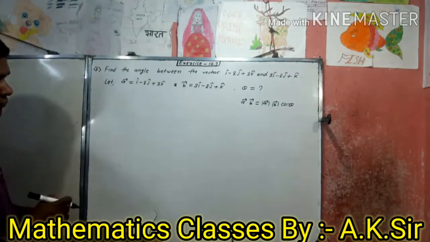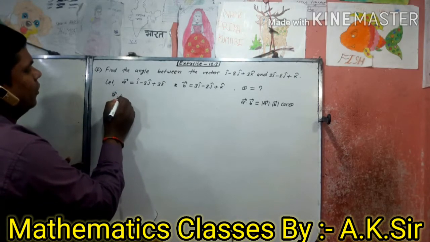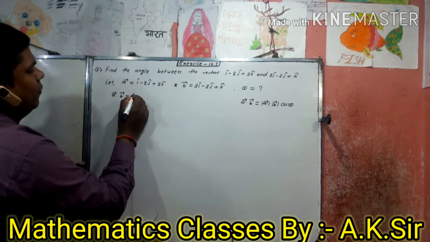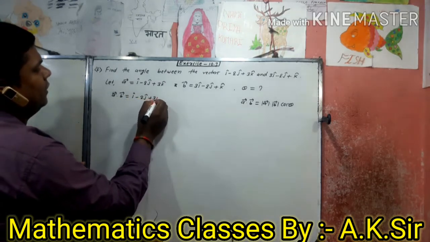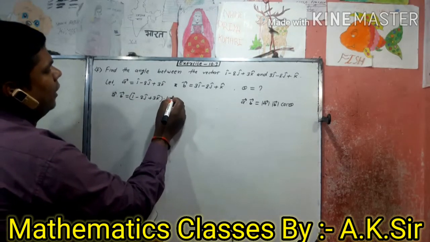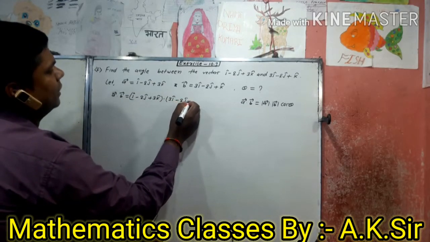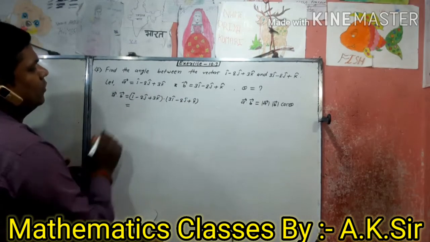First of all, we find A dot B: i cap minus 2j cap plus 3k cap dot 3i cap minus 2j cap plus k cap.